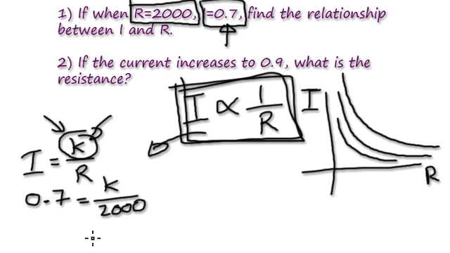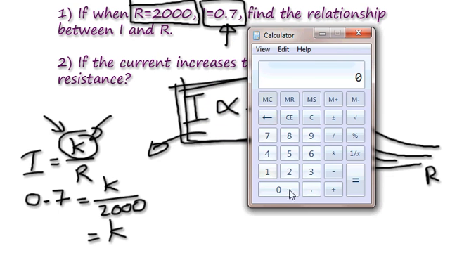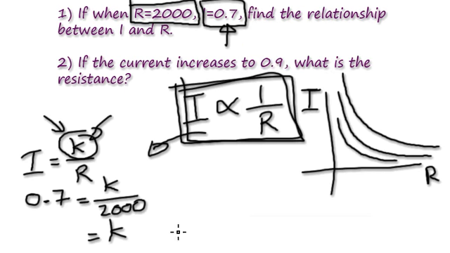Times both sides by 2000, and then k will be, let me get my calculator, 0.7 times 2000, equals 1400. So that's our value of k. Our k helps us identify the line that represents our situation. So now we've got our equation.